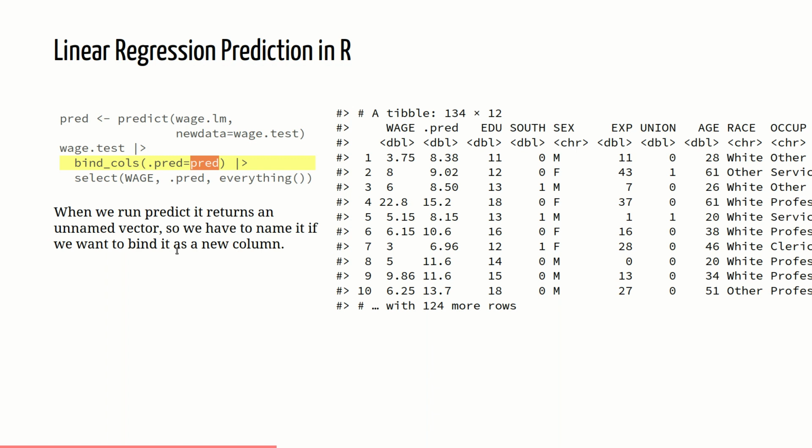So that just adds a column to our data called .pred, and then I'm just rearranging things so that the wage and .pred columns are first, and then everything else comes later, just so that I can see it on my slide. So here's the true wage in the test data, and here's our predicted wage. And you can see just by eyeballing these that they do tend to sort of correlate, but aren't very good, right? So this higher one does have a higher prediction, but the actual correlation between these things isn't particularly strong.